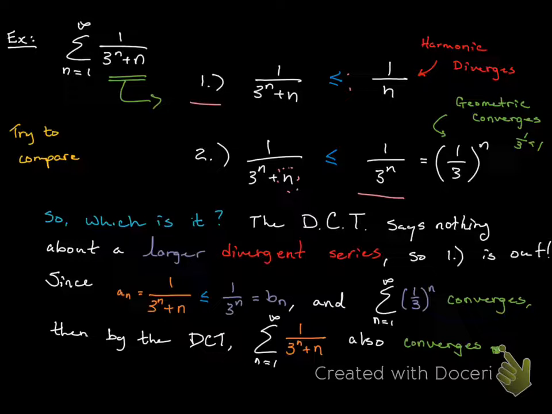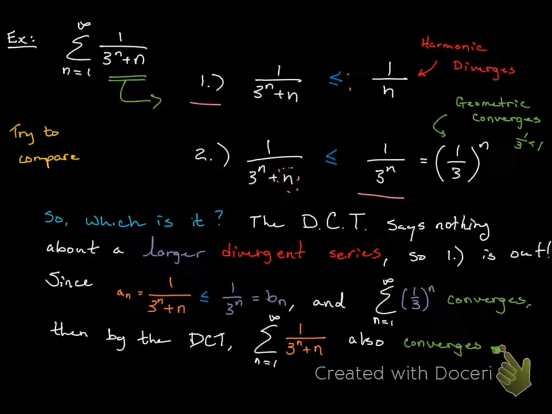Okay? So we play this little game where we take away pieces, or we add pieces, or we try whatever we can to compare to a series that we know about. Sometimes the comparison that we make doesn't get us anywhere. You have to be okay with that. Case 1 here didn't apply. The direct comparison test didn't work with comparing to the harmonic series. It's true that the harmonic series is larger, but that doesn't give us anything.